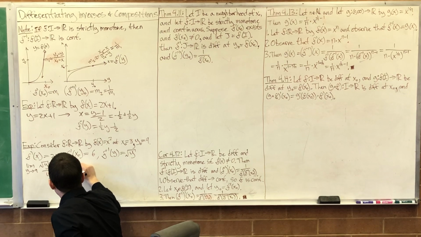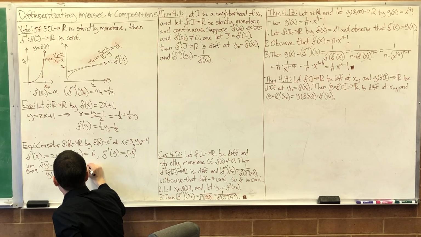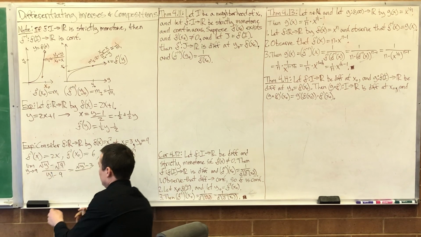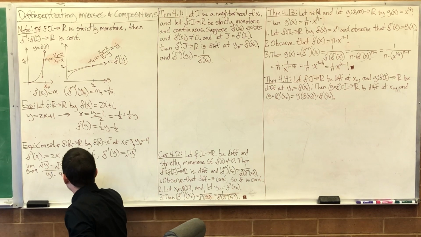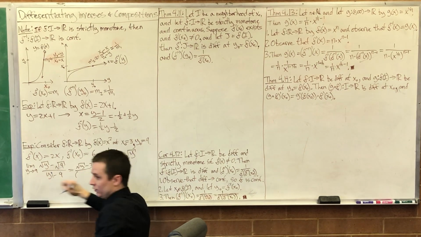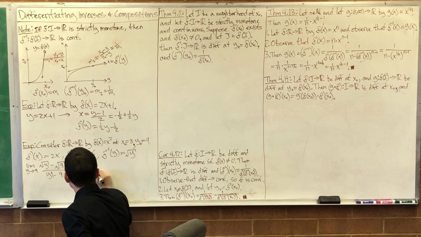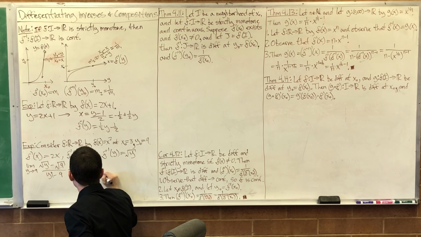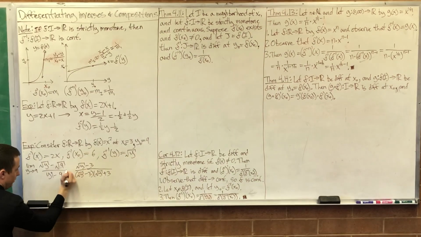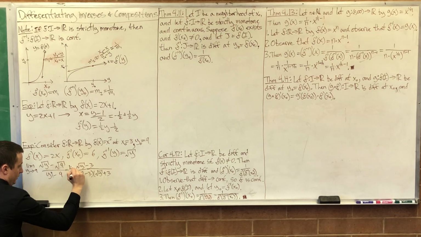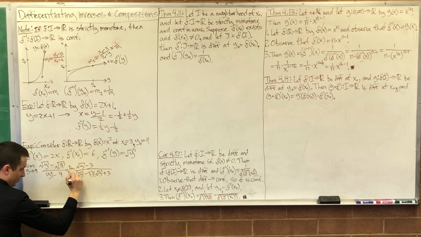The numerator will stay the same, that's still just the square root of y minus 3. In the denominator, we have a difference of squares, so that's the same thing as the square root of y minus 3 times the square root of y plus 3. Sorry, forgot my limit. The limit is y approaches 9.